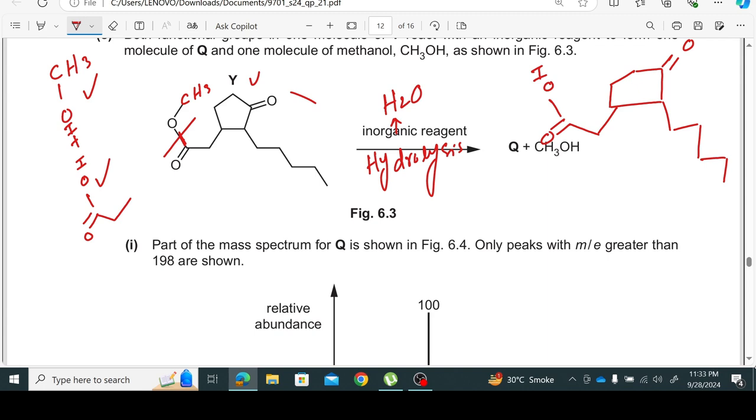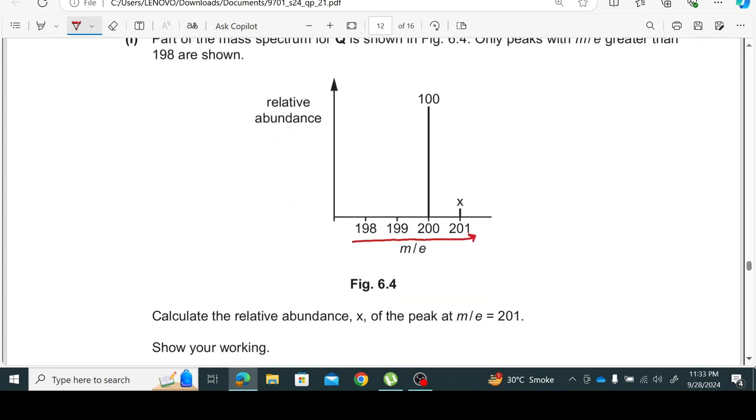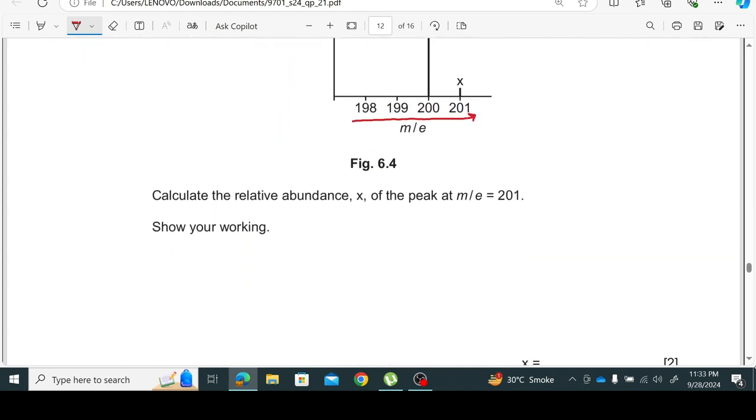So show your working. First you need to find the number of carbon atoms. You can count 1, 2, 3, 4, 5, 6, 7, 8, 9, 10, 11, and it is 12 carbons there. What about the 13th one? It is from methanol, carbon number 13, because it's broken down from here. The ester is broken down. So now you have to find its value and show your working.